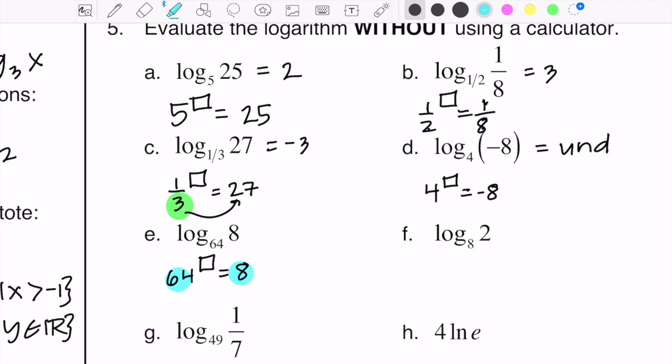But because the 64 comes first, we would have to take the square root to get to 8, and the square root as an exponent is 1/2. Same thing with this one: 8 to what power is 2? No negative here because there's no denominator, but I'm trying to go from 8 to 2. If I was going from 2 to 8, it would be 3, but since it's 8 to 2, we're going to make that be 1/3.